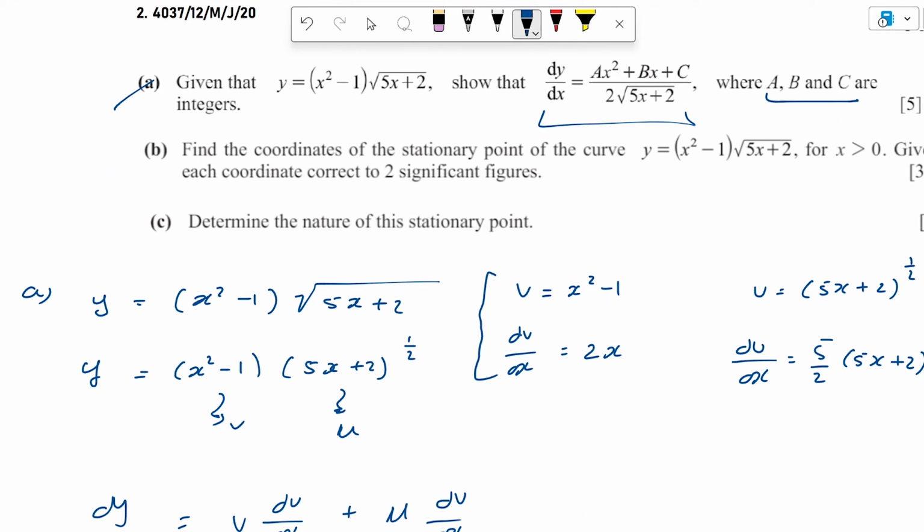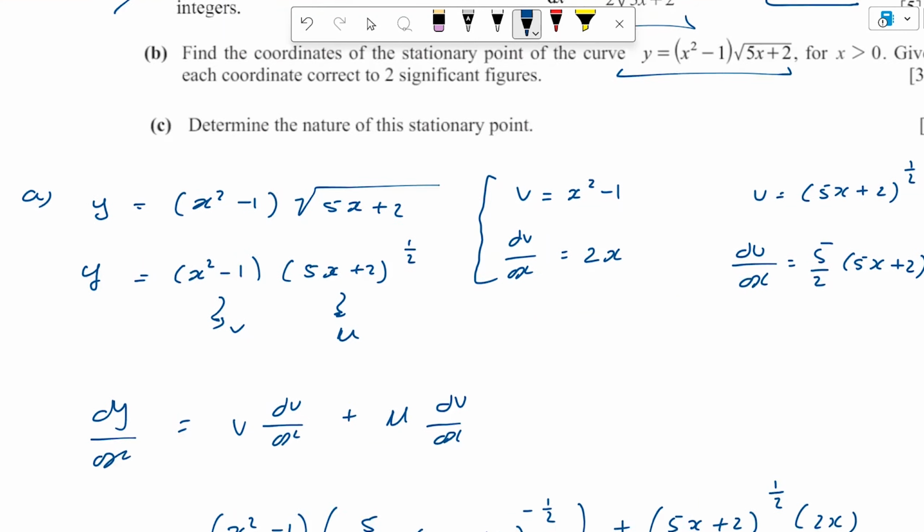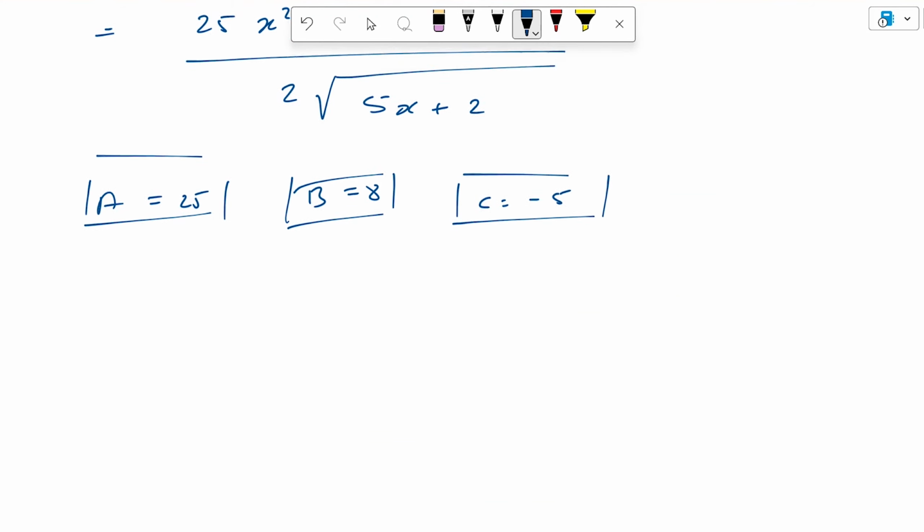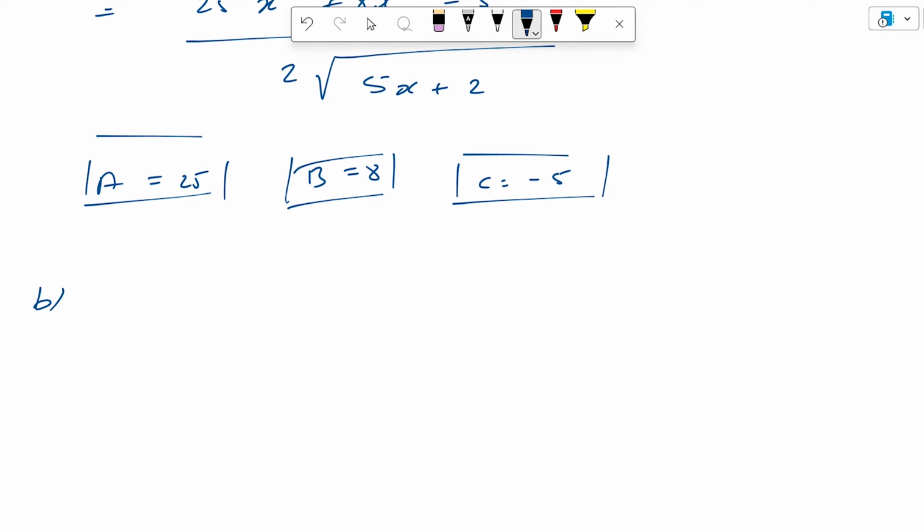Part b. Find the coordinates of the stationary point of the curve for x is greater than 0. What we're supposed to do is find the stationary points of this curve. We know that SP, or stationary point, occurs when dy over dx is equal to 0.